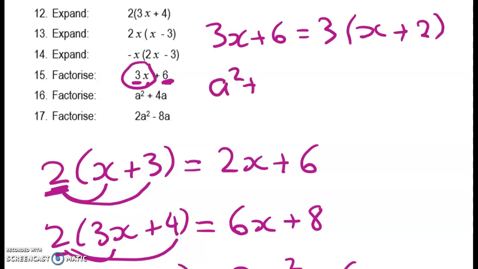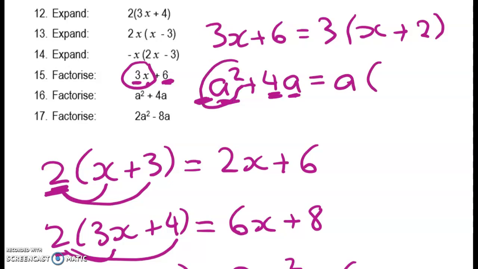Next one, a squared plus 4a. Well, there's no highest common factor in the coefficients because I've got 4 here and I've got an invisible 1 here. But here I've got a squared and here I've got a. So I can remove the a. Now we work backwards and we say a times what gets me back to a squared, a times a, plus a times 4.